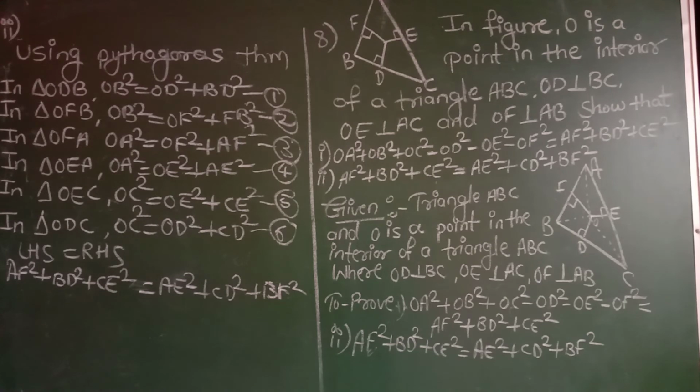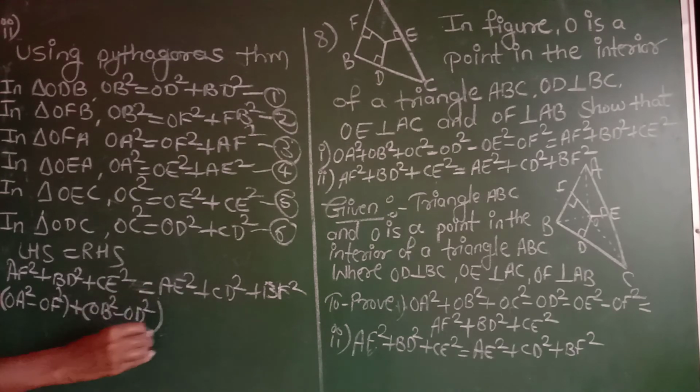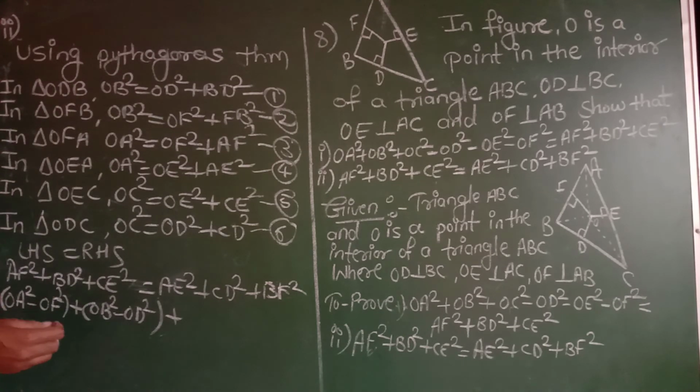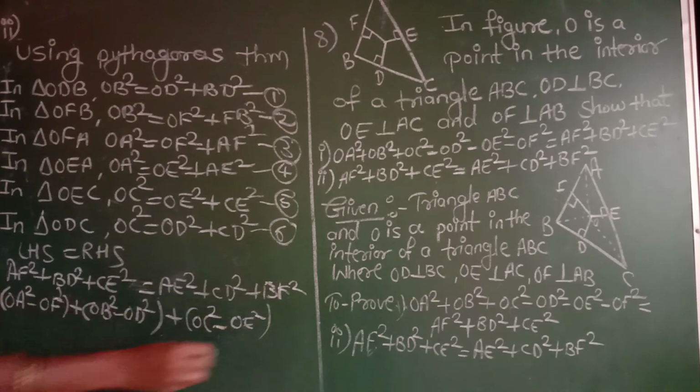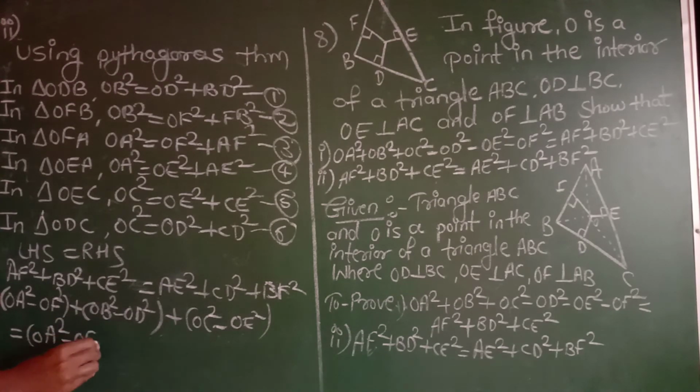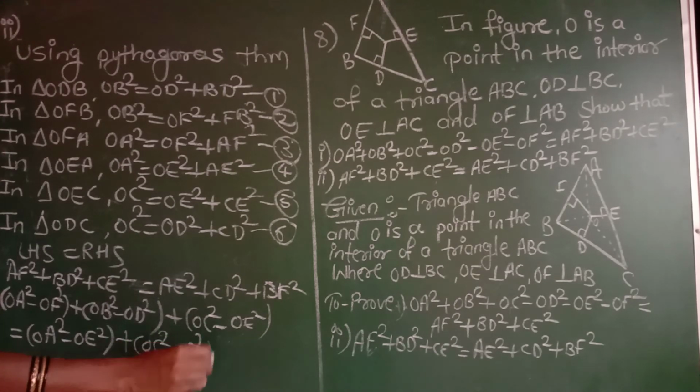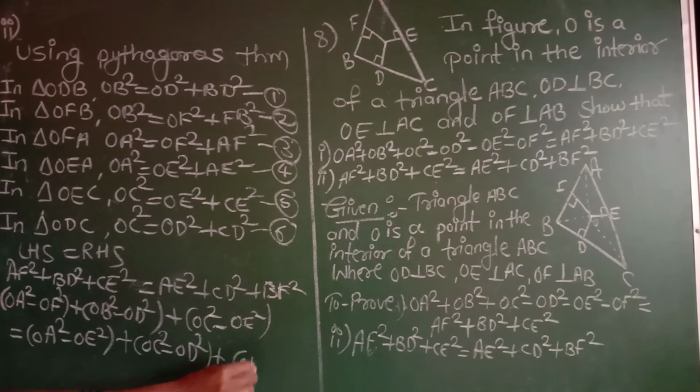AF square is OA square minus OF square, BD square is OB square minus OD square, and CE square is OC square minus OE square. Next, AE square is OA square minus OE square, CD square is OC square minus OD square, and BF square is OB square minus OF square.